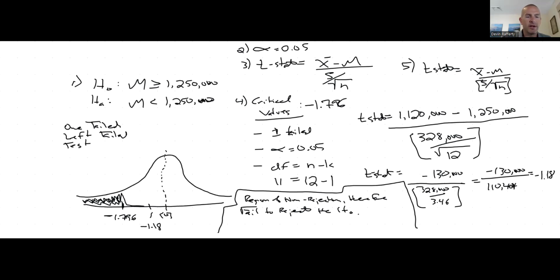I should probably write that out for you. Fail to reject the null hypothesis. And therefore, it is reasonable to believe condos will sell for $1.25 million.